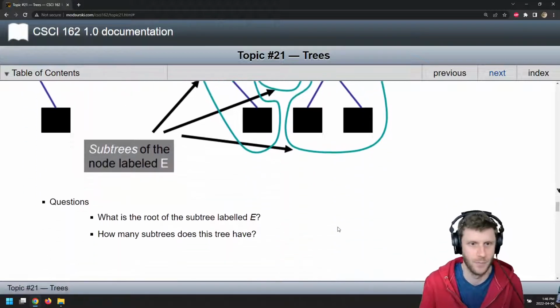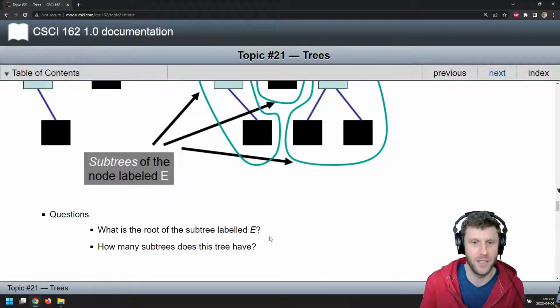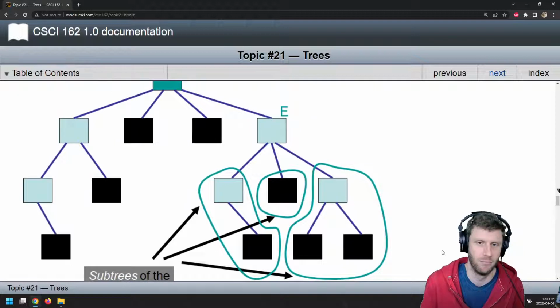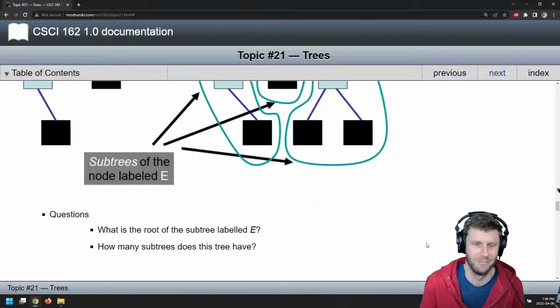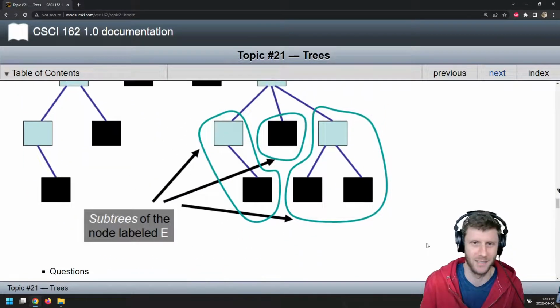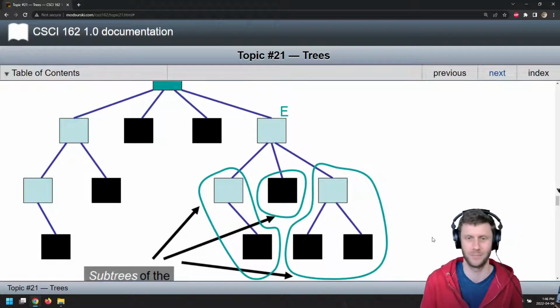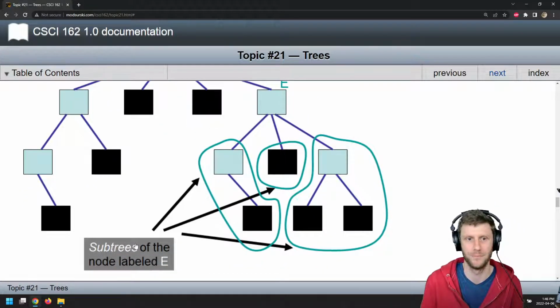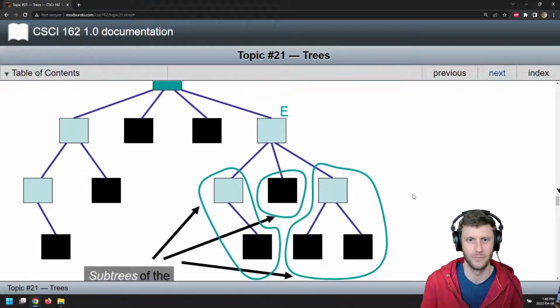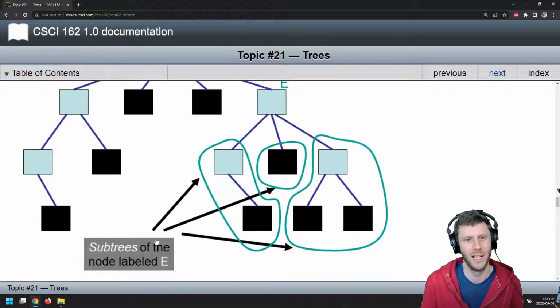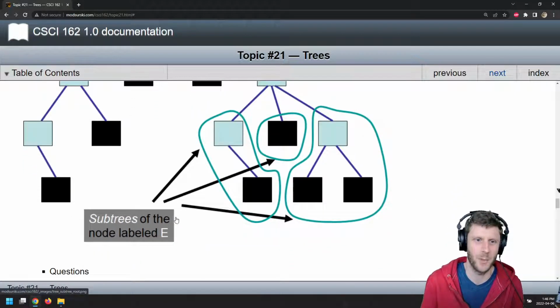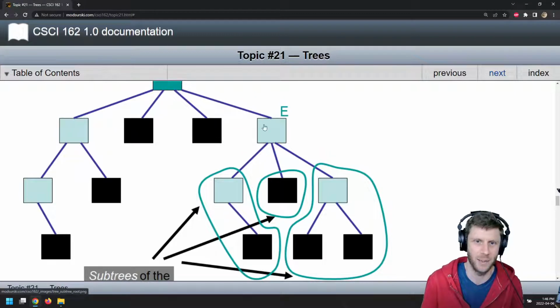Great. What is the root of the subtree labeled E? I feel like this is a dumb question, because it's saying subtrees of the node labeled E. This is the node labeled E. These are the 3 subtrees.